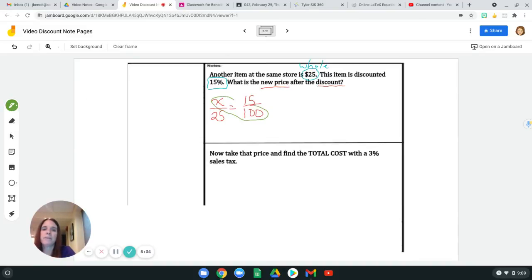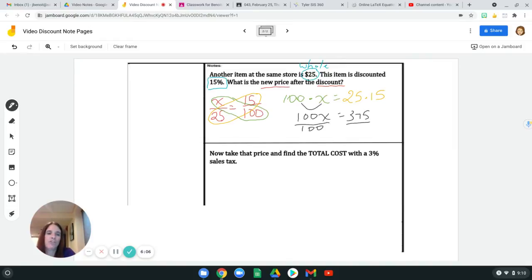Numerator times opposite denominator. 100 times x is equal to numerator times opposite denominator: 25 times 15. 100 times x is 100x. 25 times 15 is 375. Do that side math or use your calculator.